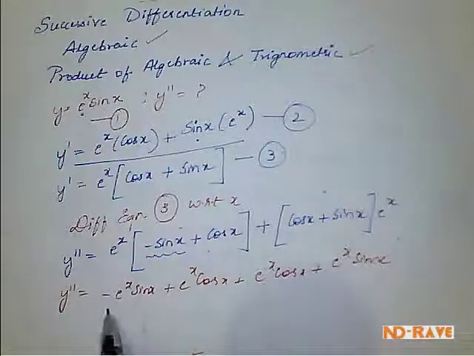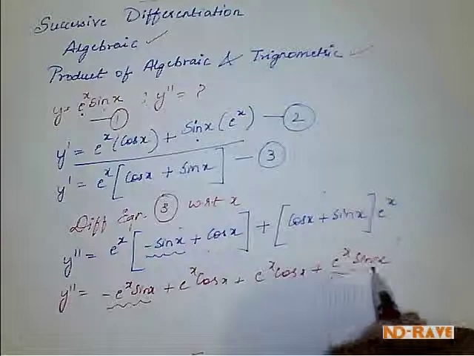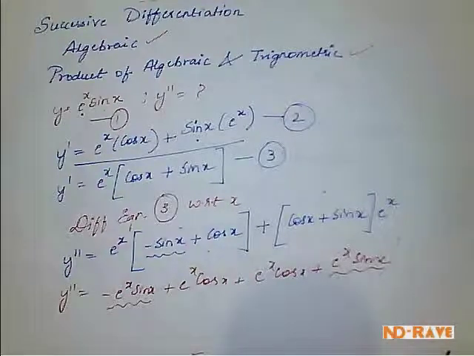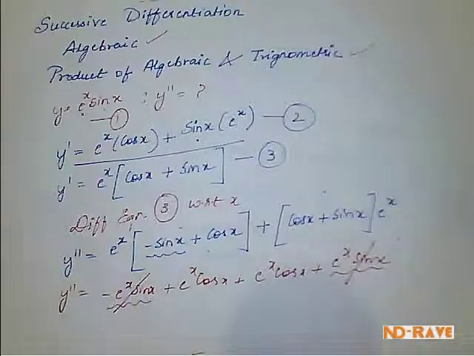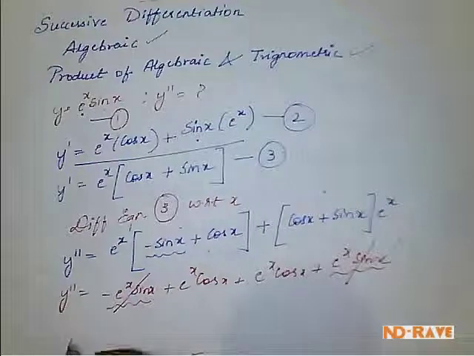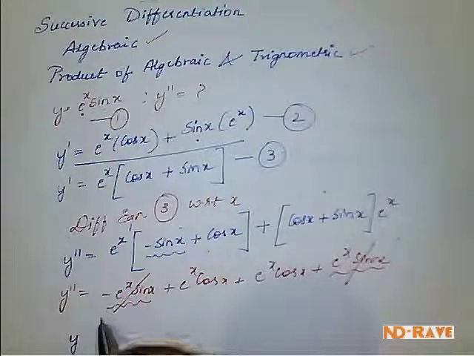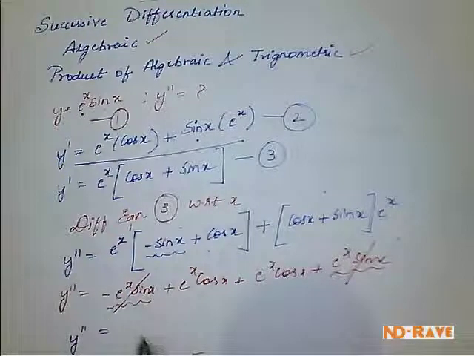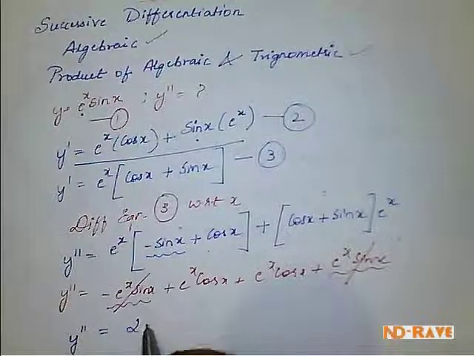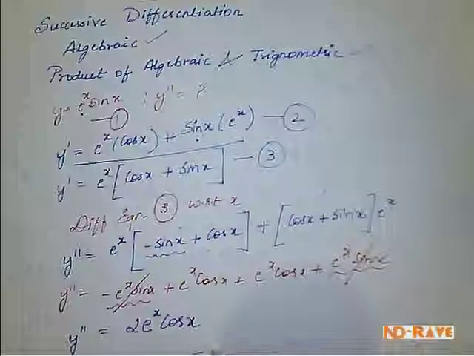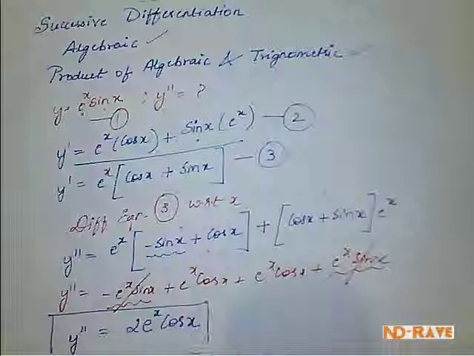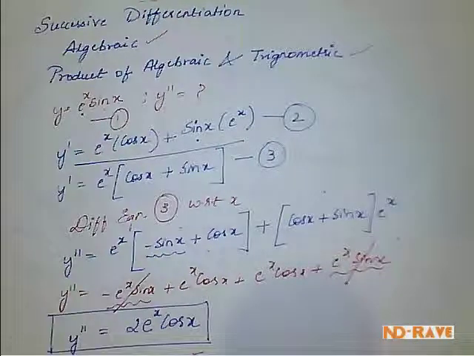You can see here that there are minus and plus terms, that is nothing but plus and minus, so the opposite signs get cancelled, as we know. So the resulting final answer is y double dash is equal to 2 e power x cos x. It is really simple, isn't it? So you got your result.